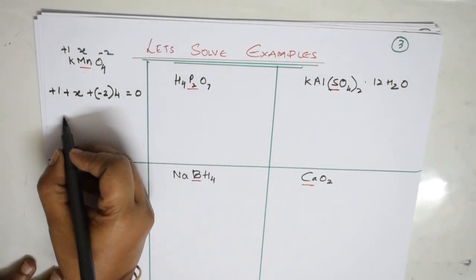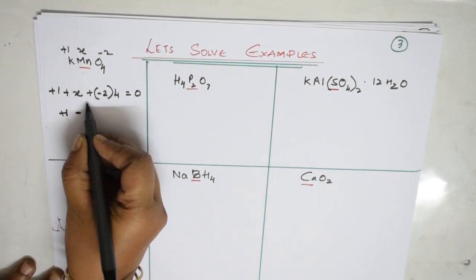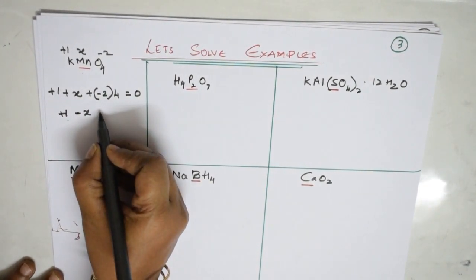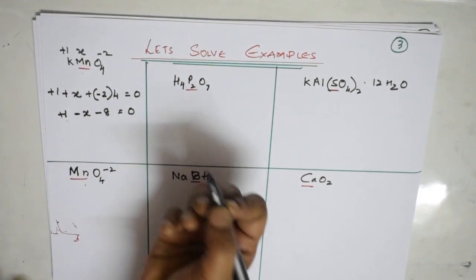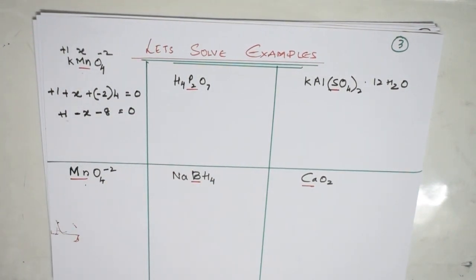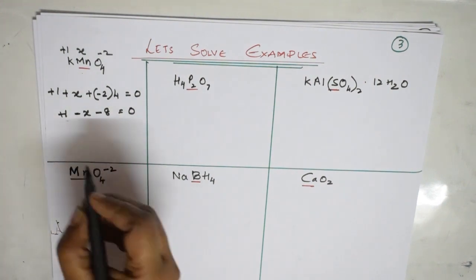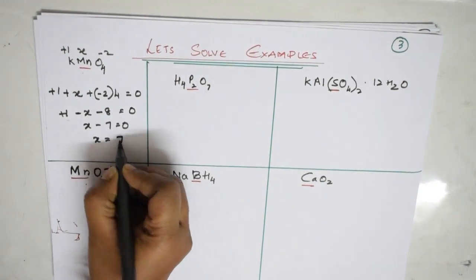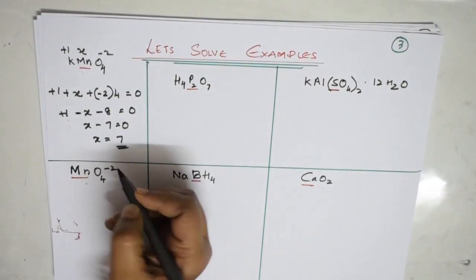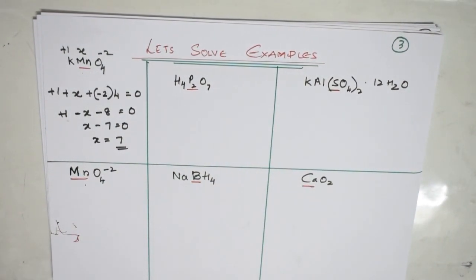It becomes +1 + X - 8 = 0. Further, X - 7 = 0, X = 7. So the oxidation state of Mn is +7.